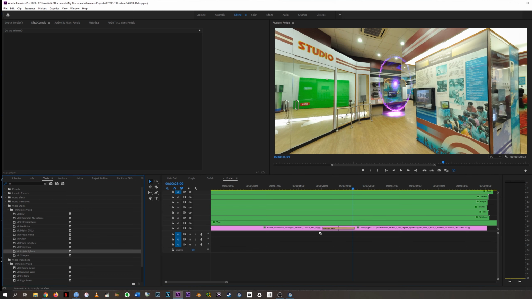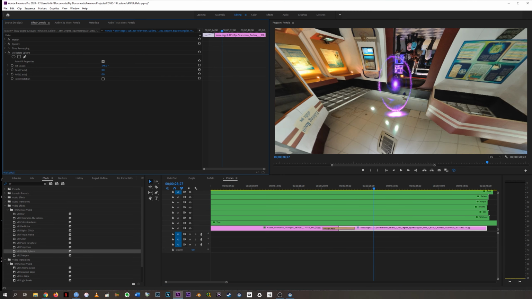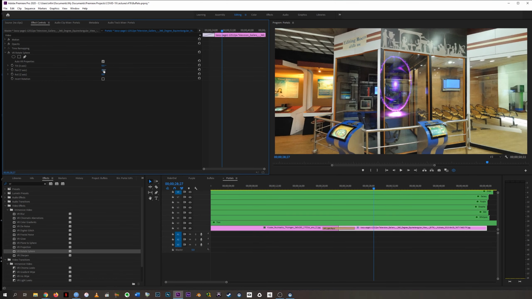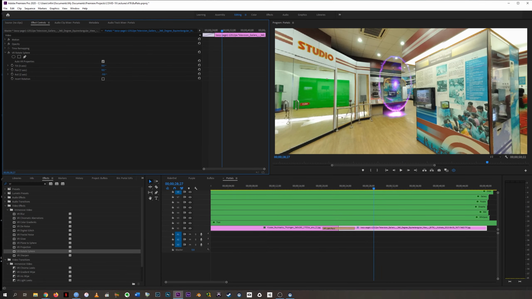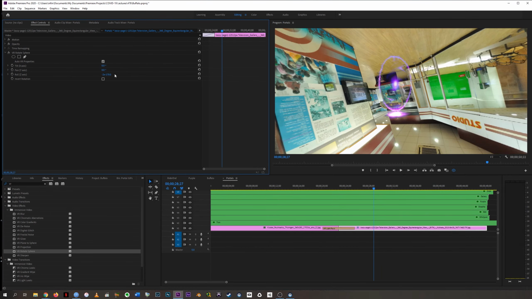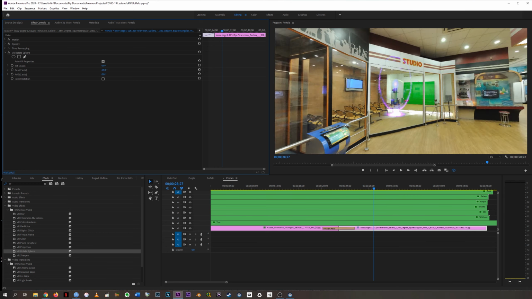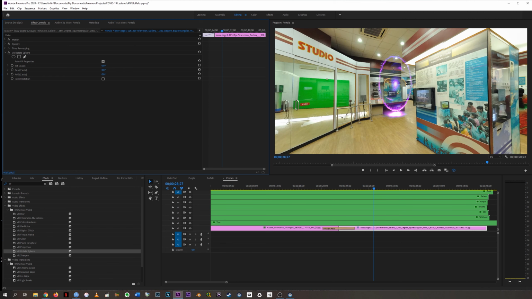If you throw VR rotate sphere on a piece of 360 footage or still image, what it does is allow you to rotate your footage in any of the three axes. Z is probably the weirdest. Whoa. But I could imagine a lot of use for rotating on the pan. This is the most practical, and so I'll talk about it the most in just a second.